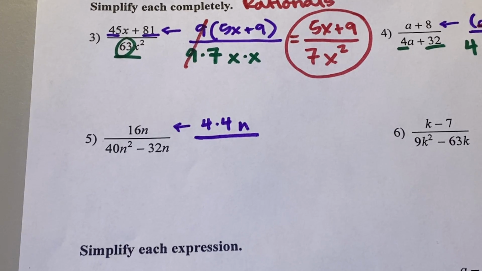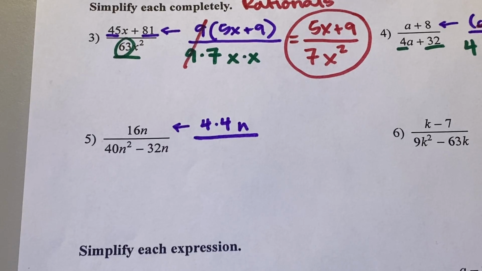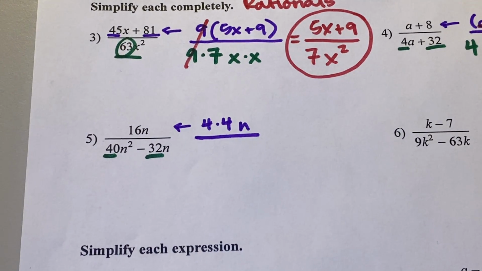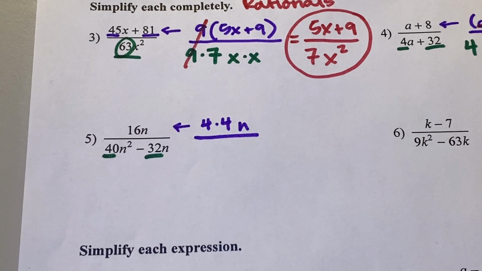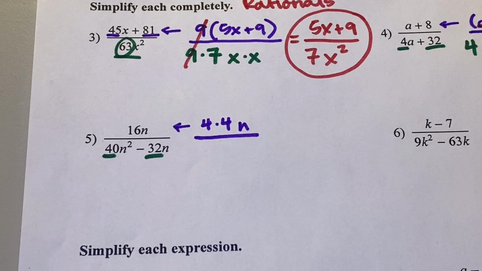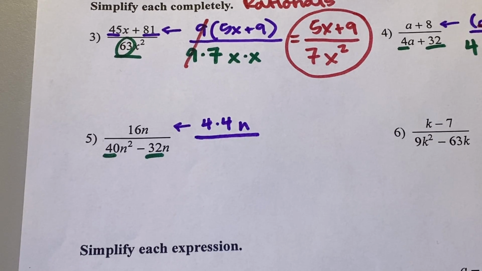On the bottom, now let's look at our denominator. What's the biggest number I can divide both 40 and 32 by? What do you think, Eli? I agree we could divide them both by 4. Is there a bigger number? Actually, yeah, there is.